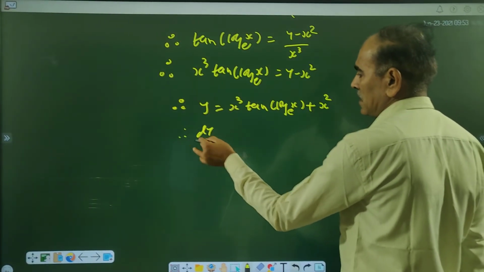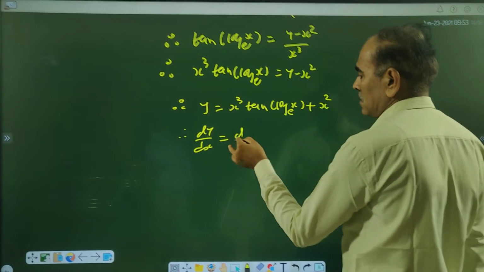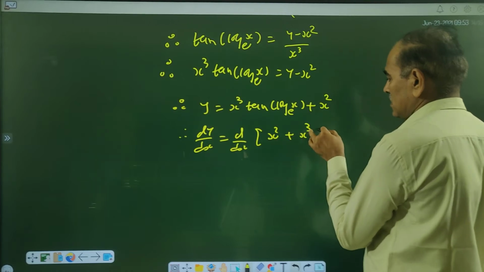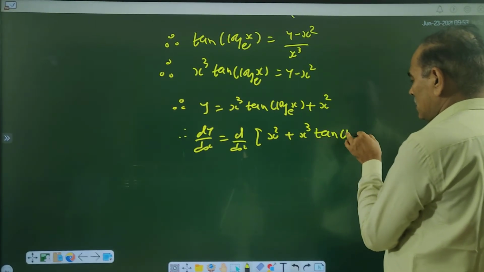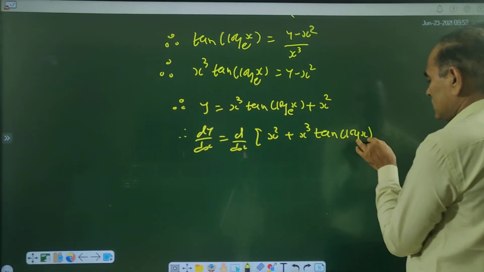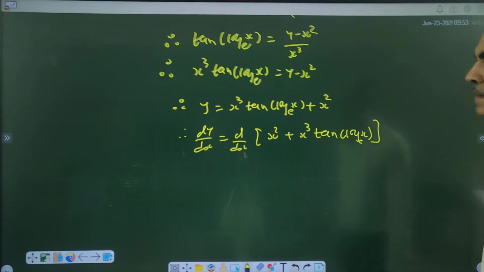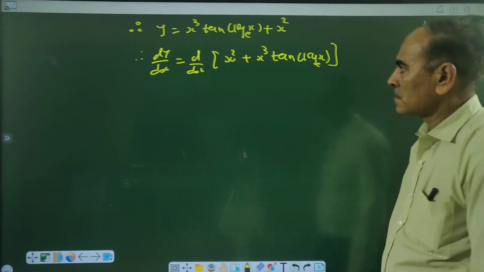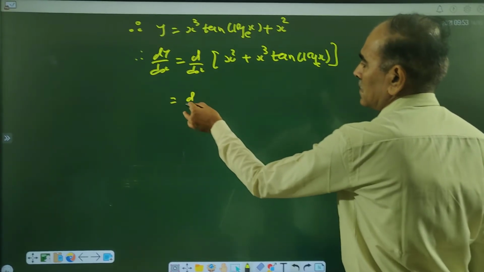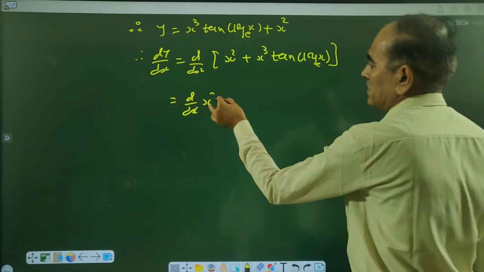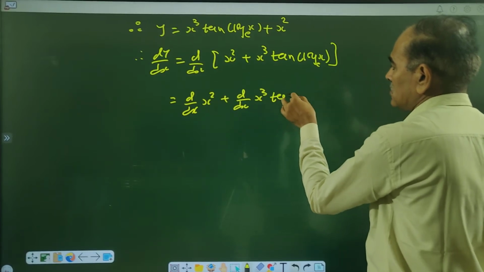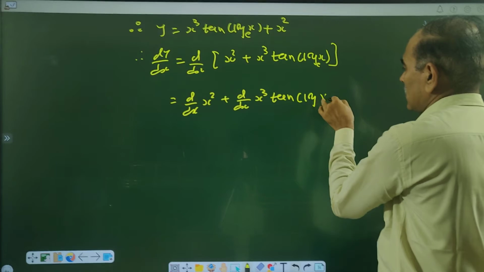Therefore, what is dy by dx? d by dx of the right side: x square first plus x cube tan of log x by z. Now give differentiation to every term. What we get? d by dx of x square, and d by dx of x cube tan of log x by z.